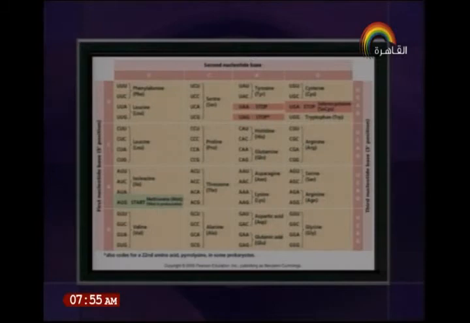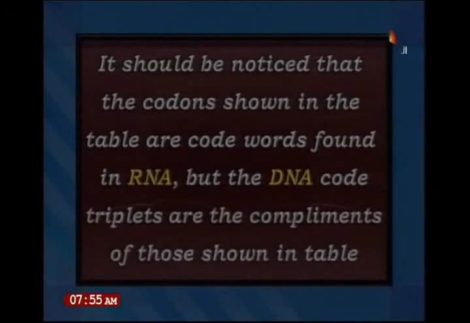As you see, one amino acid can have 2 triplet codons. It should be noticed that the codons shown in the table are code words found in RNA, but the DNA code triplets are the complements of those shown in the table.